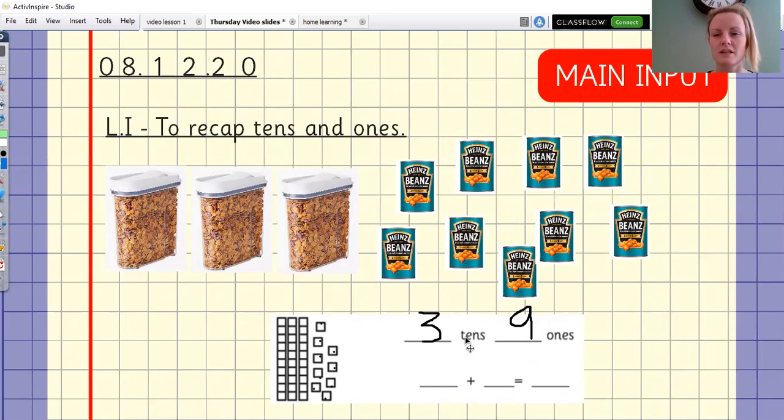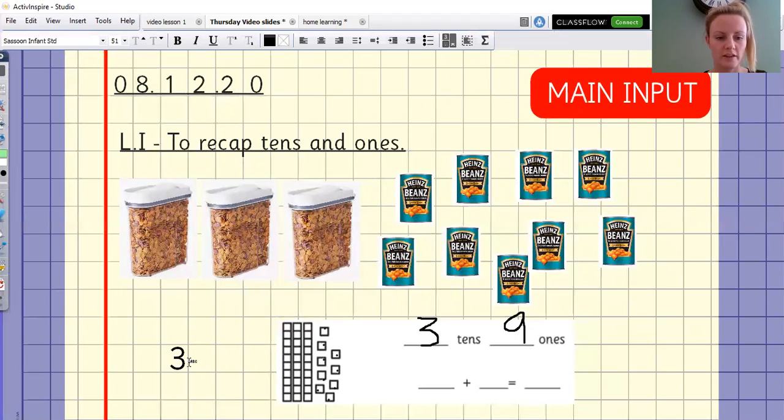Now, what is 3 tens? We need to count them. So 10, 20, 30. Okay, so I would need to write 30 down there. Okay, 30 plus 9 ones. Now, how would I represent 9 ones? Yeah, just by writing the number 9. Okay, now equals something. So let's just double check.